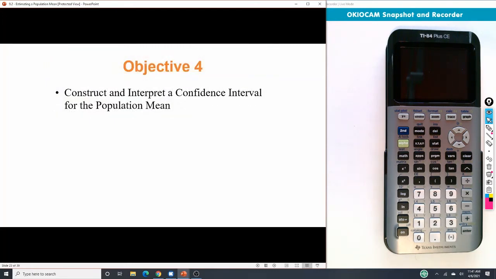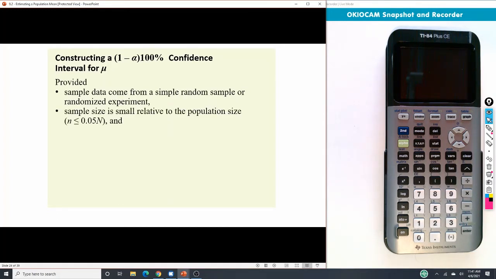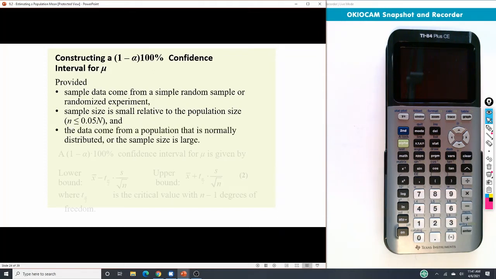All right, now what about constructing a confidence interval for this? Okay, so we look at our sample data. It has to be provided or some information there. Again, our sample size has to be relatively small compared to the population, meaning less than 5% with those.